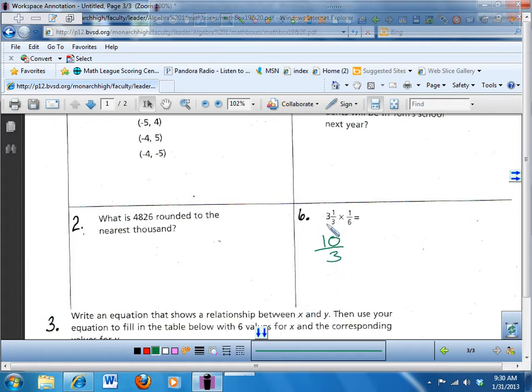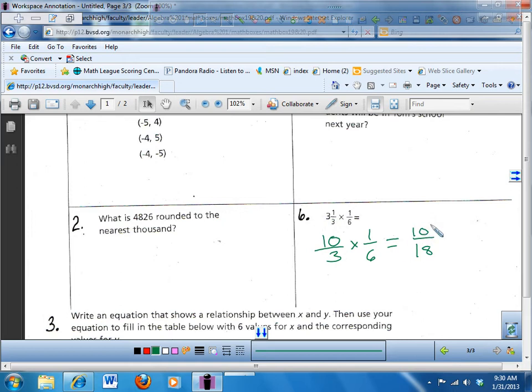Does everyone see how we did that? 3 times 3 plus 1 makes 10/3 times, and you leave this one alone, and when you're multiplying fractions, you just multiply straight across, okay? So you multiply the tops, which gives you 10, and you multiply the bottoms, which gives you 18, and then you should try to reduce that. What number goes into both the top and the bottom? Lizzie?